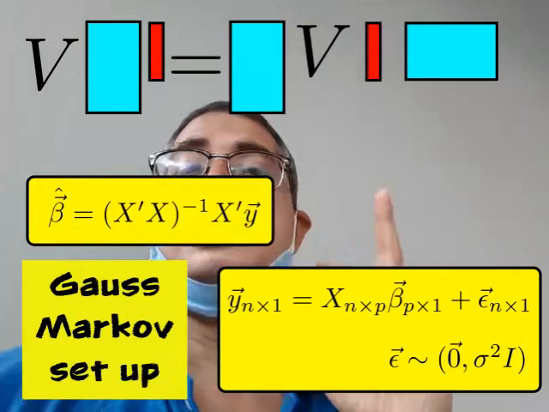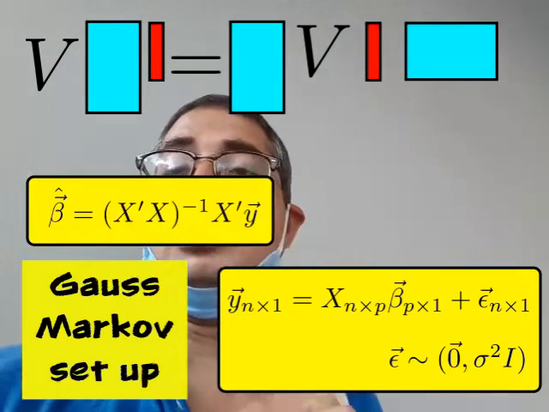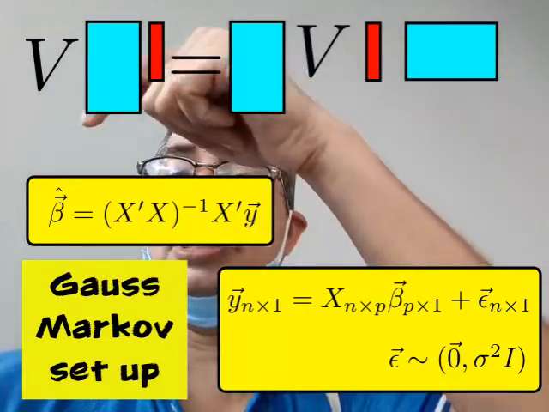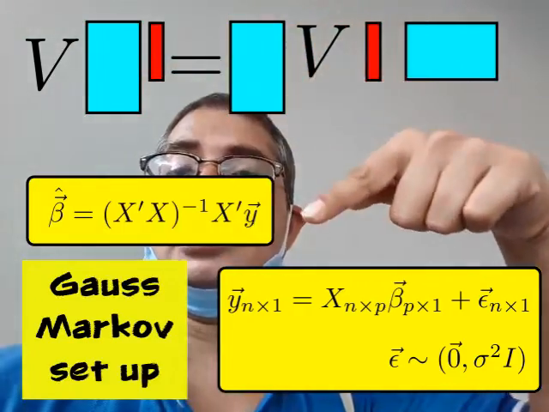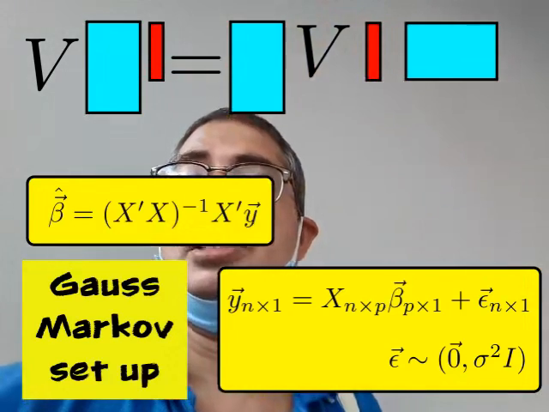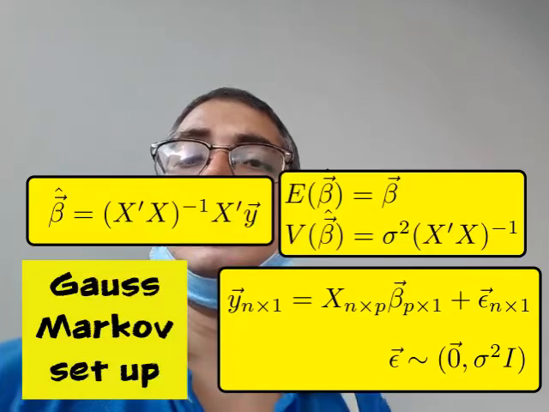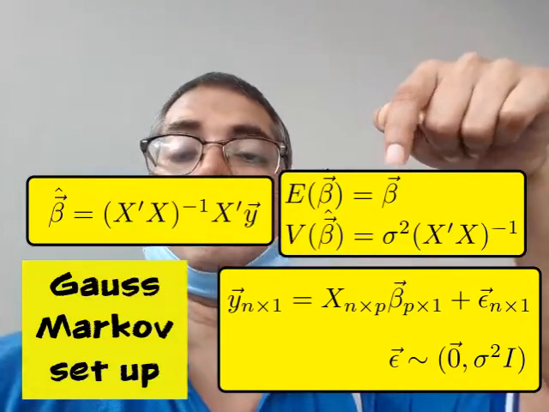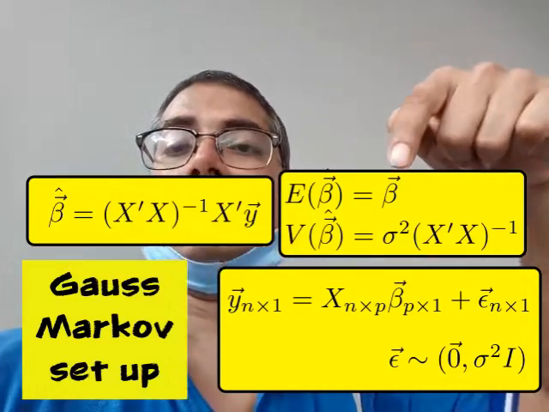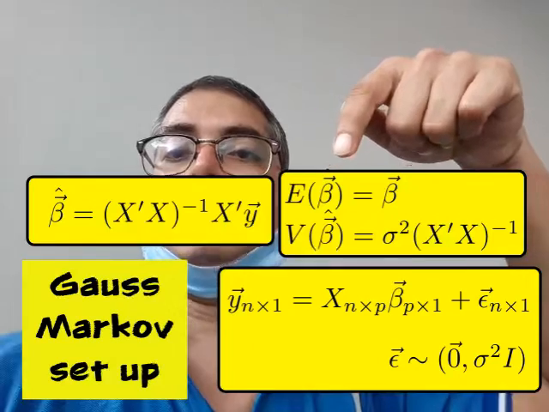Now if you apply this result and the last one to the beta hat formula, where this part is that fixed matrix and this y is that random vector, it is pretty easy to check that the expected value of beta hat is just beta. So it is unbiased. Whatever the value of beta, beta hat must be unbiased.